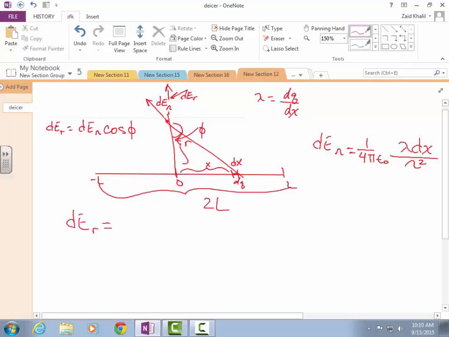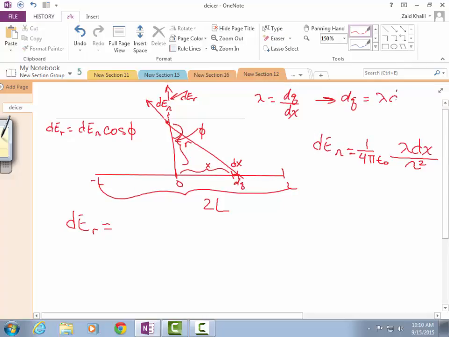You don't know which form you're going to put this in, because that's just dq, which equals lambda dx. Okay, so now what we have is 1 over 4 pi epsilon naught, and then lambda dx over script r squared times the cosine of phi.